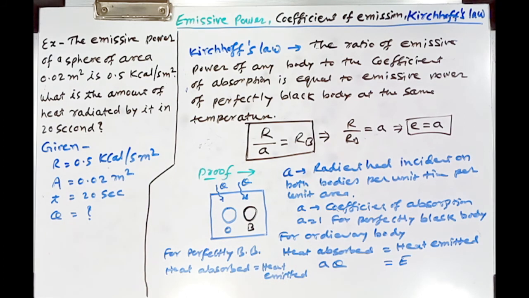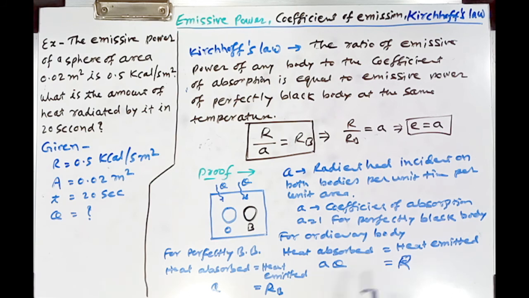Now heat absorbed by the black body is Q, and heat emitted by the black body is equal to R_B. Heat emitted by the ordinary body is R, that is emissive power. Emissive power is sometimes denoted by letter capital E also.